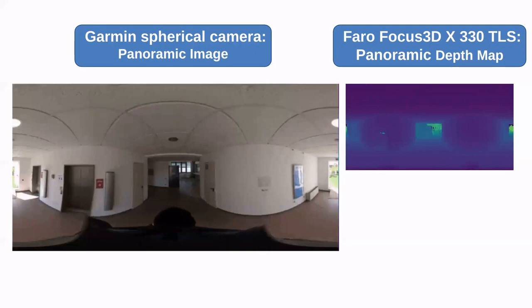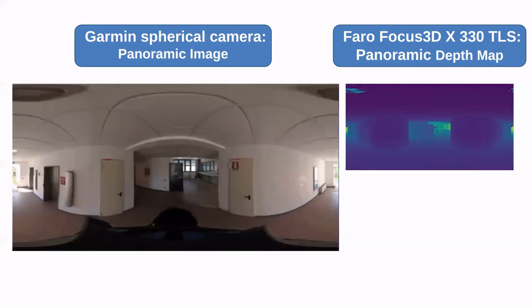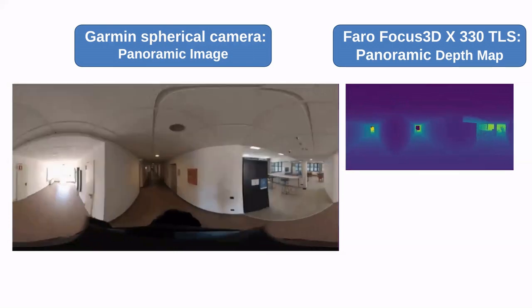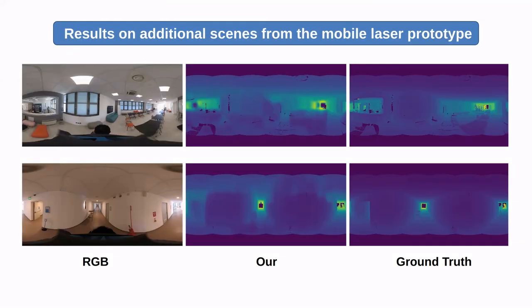This setup makes it possible to show a quantitative and a qualitative evaluation. For testing in the most challenging situations, we didn't retrain our model on such novel scenes, but we used them as an example of transfer learning capability.